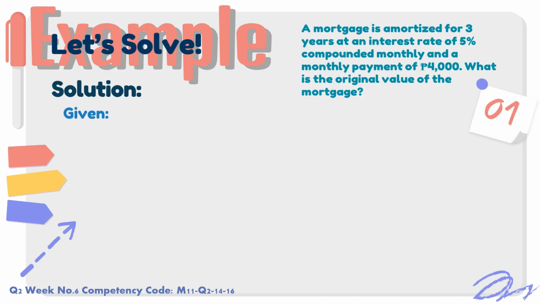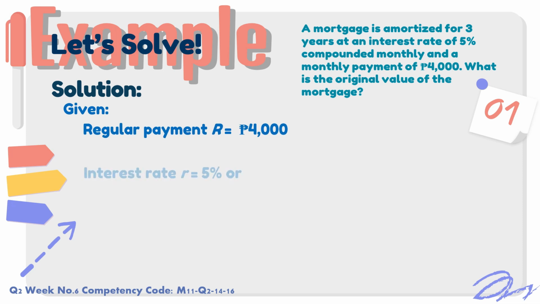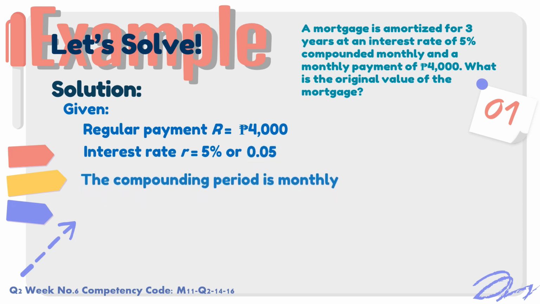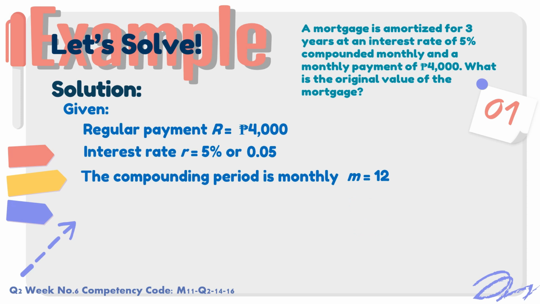To solve example number 1, identify the given. 4,000 pesos is the R or the regular payment. 5% or 0.05 is the interest rate. The compounding period is monthly, so m is equal to 12. The time t is 3.